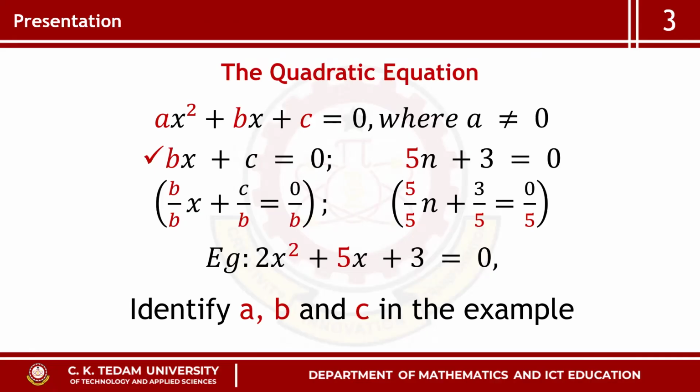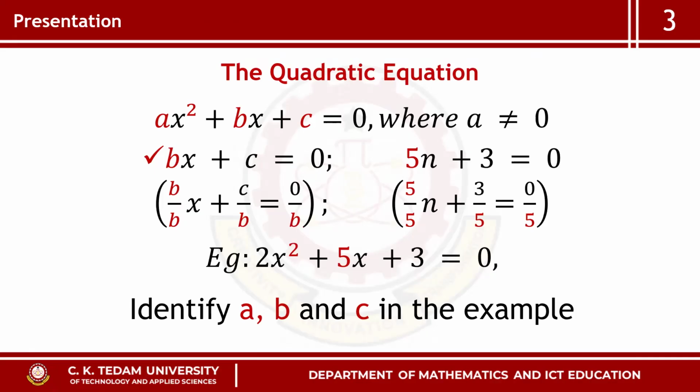Now I said a must not be equal to 0. If a is 0, it would turn the equation to a linear equation and no more quadratic equation, as seen in the next step: bx plus c equals 0. So you will see that the quadratic term has vanished, because if a is equal to 0, the quadratic term will vanish.